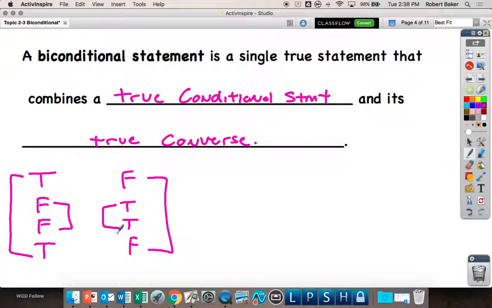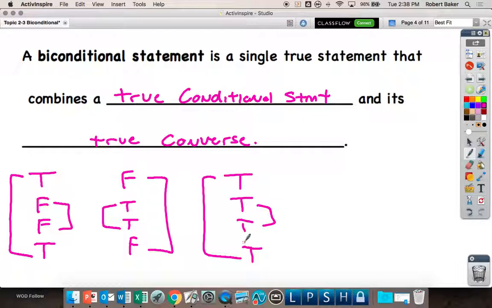Now this statement right here says that the conditional statement is true and the converse is true. So that looks like this. Well, if the first one's true, what does the last one have to be? They have to match. If the second one's true, what does the third one have to be?